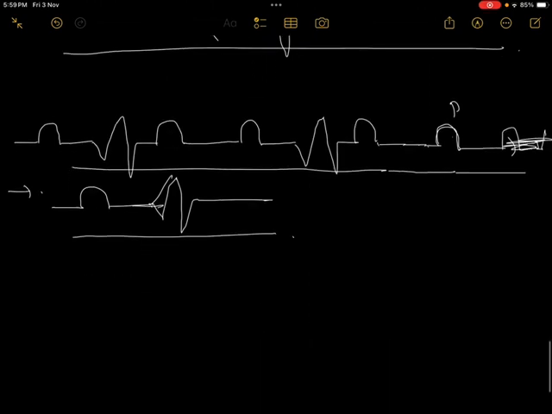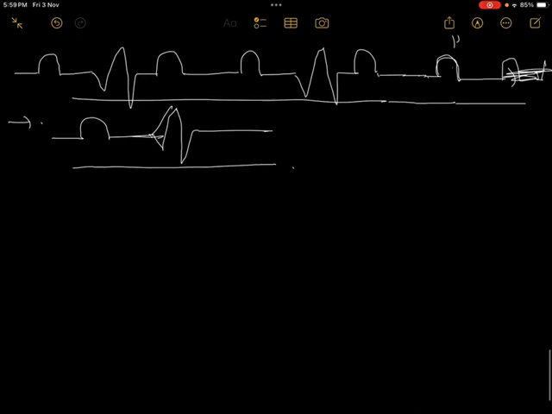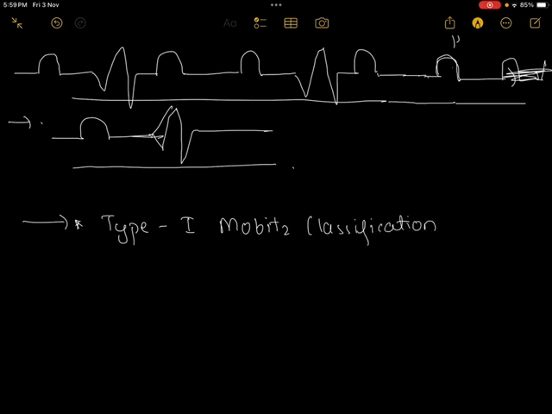Now again, the second degree heart blockage is classified into 2 types. One is the type 1 Mobitz classification. We also call the type 1 Mobitz classification as Wenckebach's periodicity.